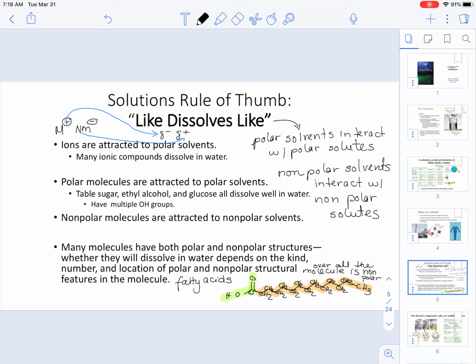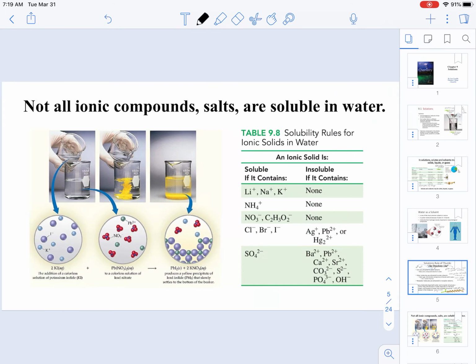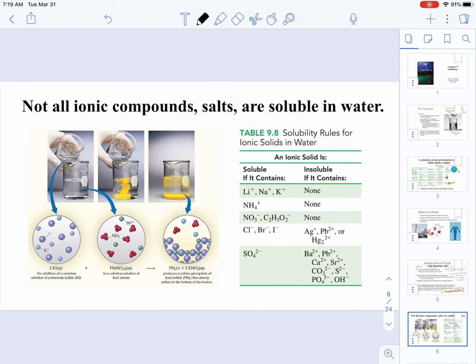This explains why oil and water do not mix, because oils have molecules like these fatty acids. Now, it is very important that you are able to determine if a particular ionic compound is soluble in water, because not all of them are able to dissolve in water.